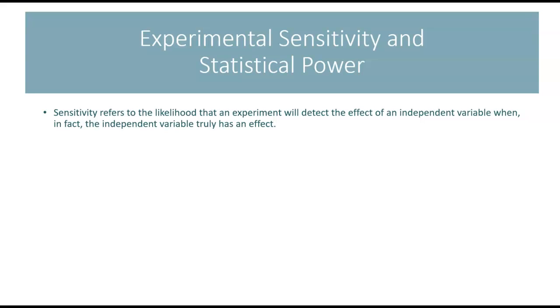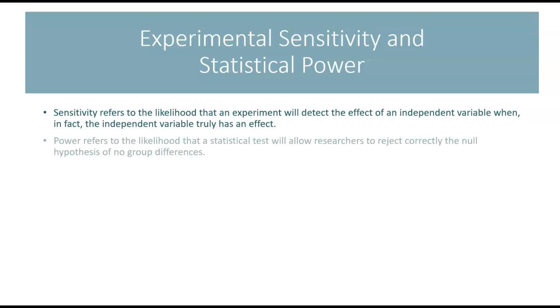When we talk about the sensitivity of measures or the sensitivity of a design or a result, what we're referring to is the ability to find an effect, to detect an effect. What that's suggesting is the way you've done the manipulation of an independent variable, for example, has made it likely that you will detect a finding if it's there to be detected.